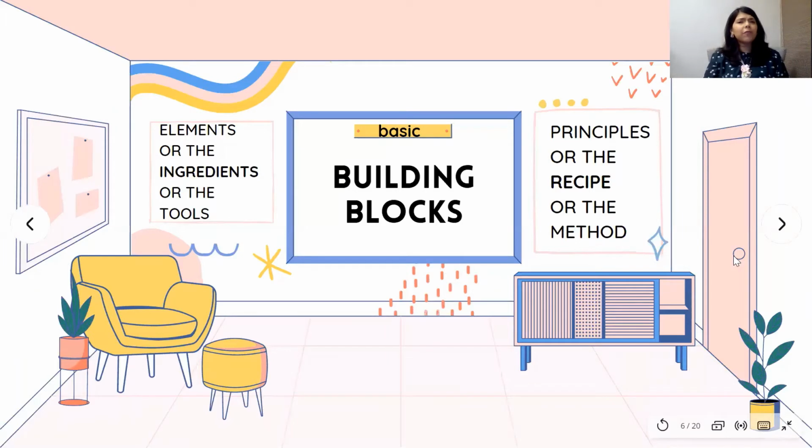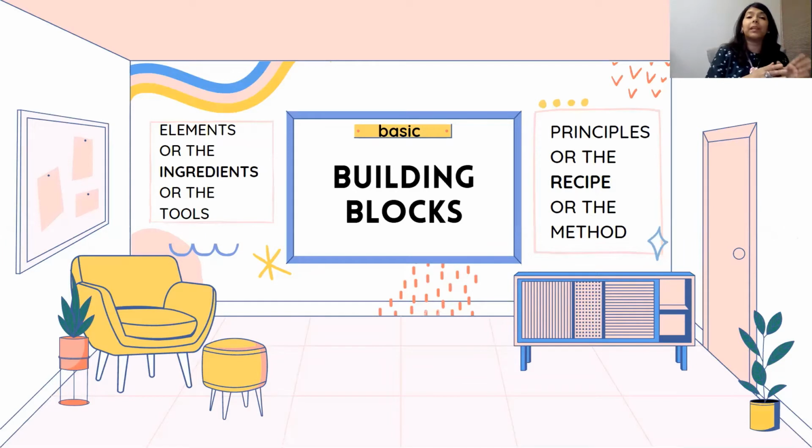Now, what if I told you that creating such a design, where we can take back something or retain something, was easy, was simple, and we had a set of rules to actually achieve that? And that set of rules are the building blocks of a design, the elements and the principles of a design.